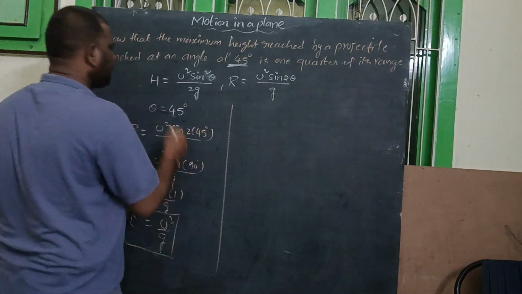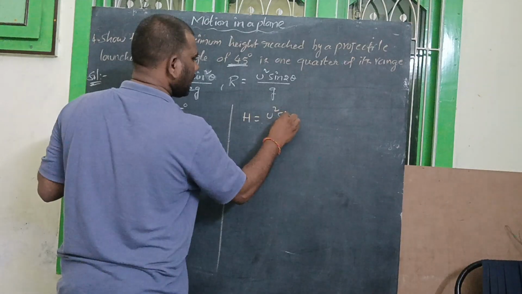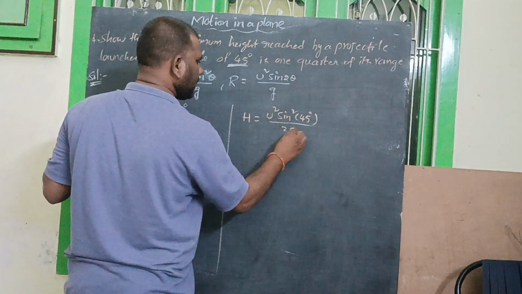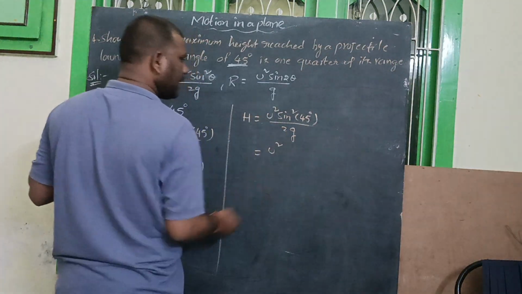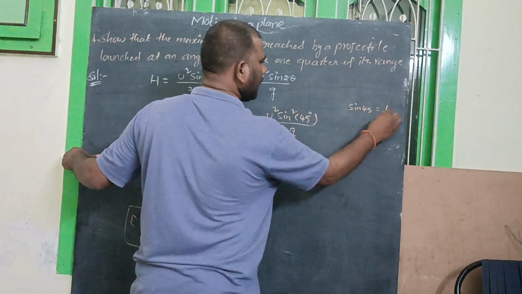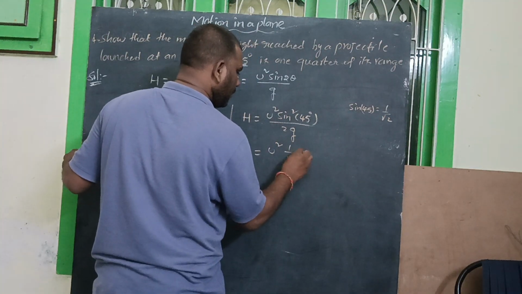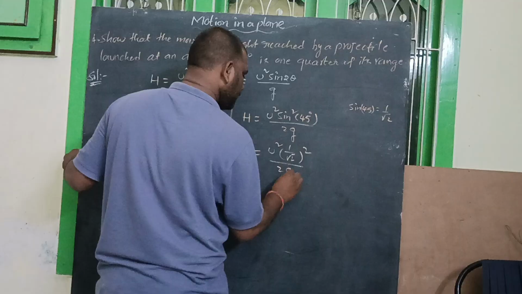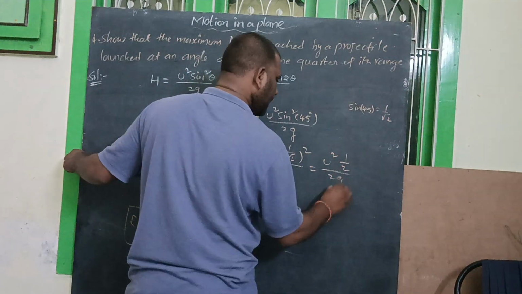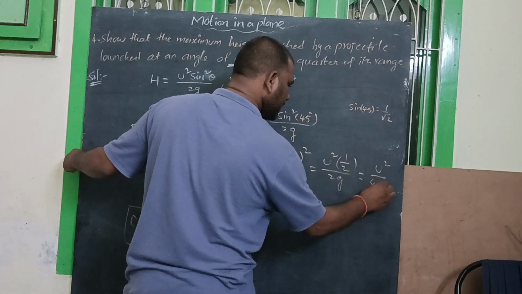Next, substitute the value in the maximum height. H is equal to u square sin square 45 degrees by 2g. What is the value of sin 45 degrees? 1 by root 2. So 1 by root 2 whole square by 2g, that is u square into 1 by 2 by 2g, equal to u square by 4g.